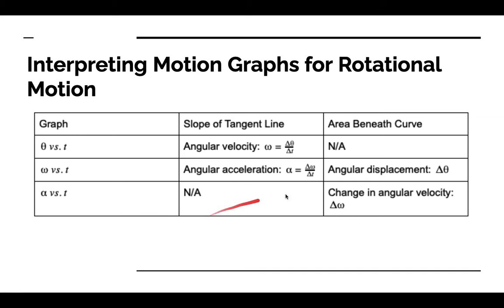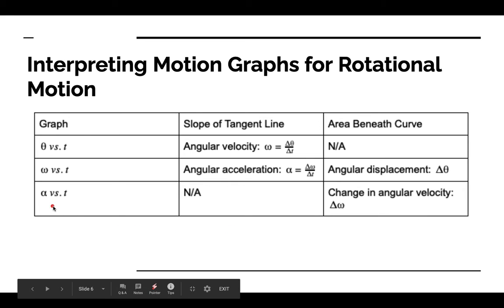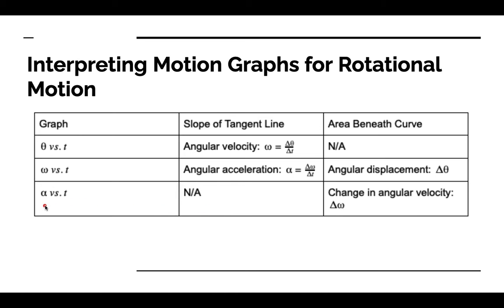Now if we move to area beneath the curve: the same way the area beneath the curve of a translational velocity versus time graph gives us the translational displacement, the area beneath the curve of an angular velocity versus time graph gives us the angular displacement, and the area beneath an angular acceleration versus time graph gives us the change in angular velocity, just as the area beneath a translational acceleration versus time graph gives us the change in translational velocity. So all of our key principles from translational kinematics hold for rotational kinematics.